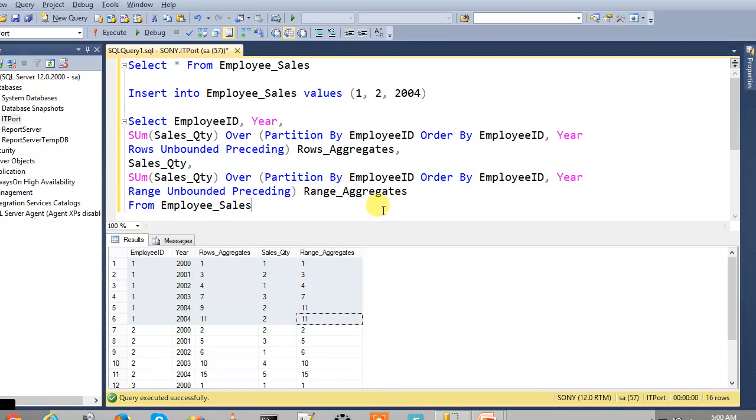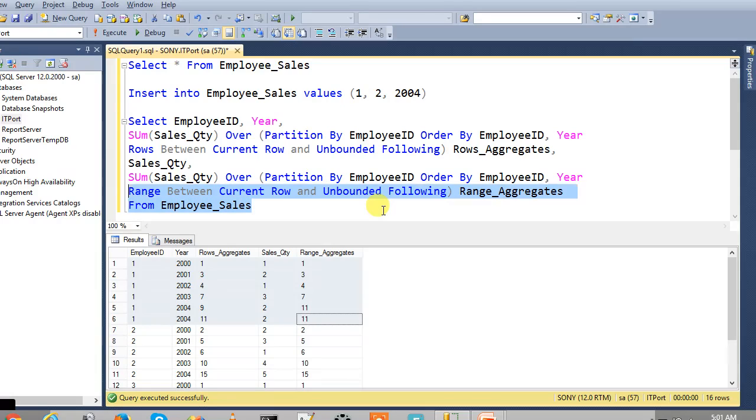And also we can mention ROWS between current row and unbounded following. RANGE only accepts unbounded following, unbounded and current row identifiers only. We cannot mention a number of rows there.